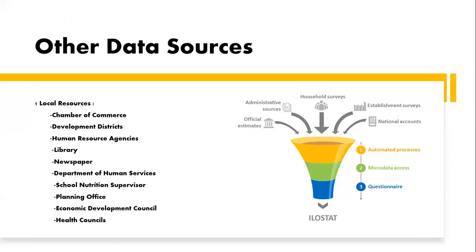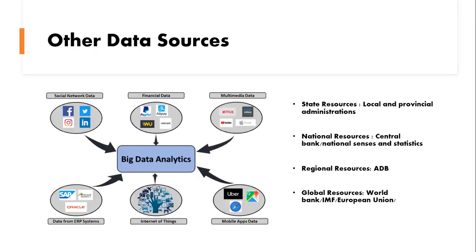For local resources, you can find data from the chambers and development districts, human resource agencies, libraries, the Department of Human Services, school nutrition supervisors, planning officers, the economic development council, and health officers. These are the local data resources you can use for need assessment. You also have to find other data, local and international.